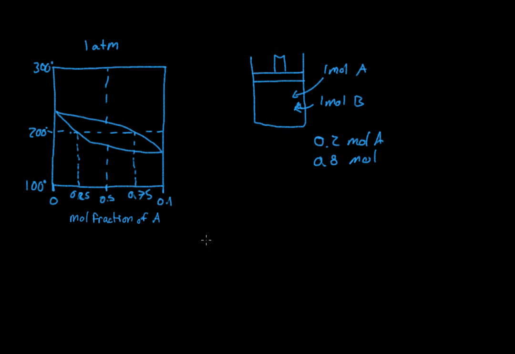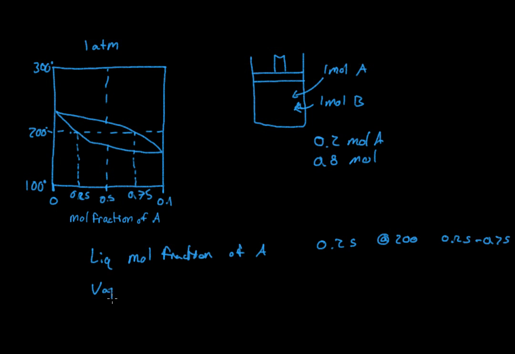So I guess I can write that down. Mole fraction of A in the liquid will always be 0.25 when you have a system that is at 200 degrees, and the entire system's mole fraction is between 0.25 and 0.75.